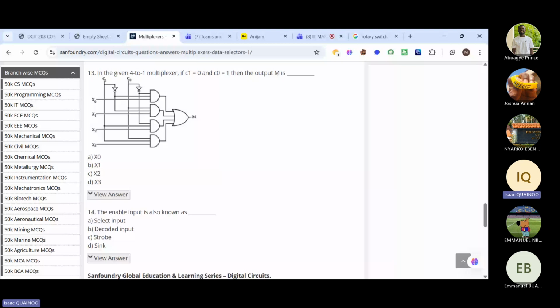C1 and C0 are our select lines. So C1 is 0 and C0 is 1. So the output N is going to be A, X0, B, X1, C, X2, and D, X3.